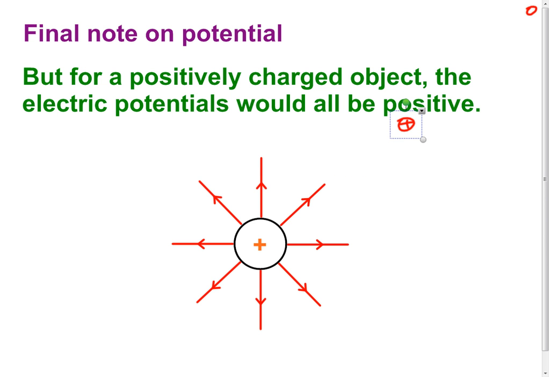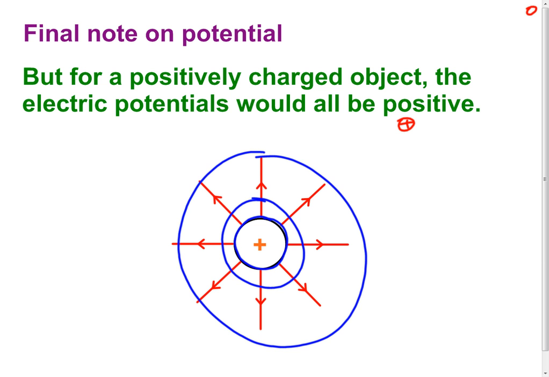So these equipotentials, if I quickly draw a couple in, are going to have positive values. So this one might be plus 50 joules per coulomb.